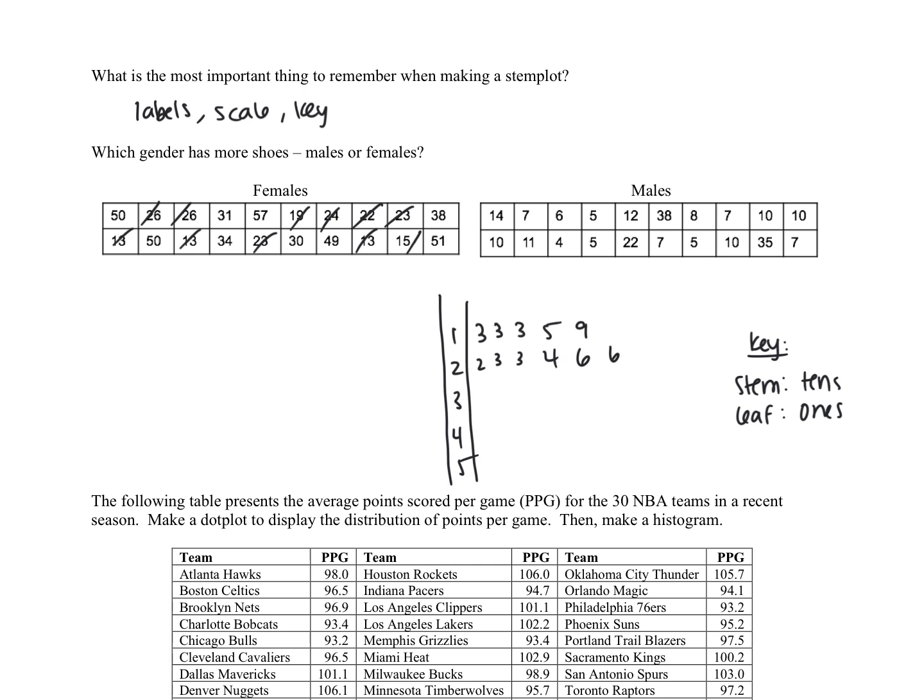Okay, so then looking in our 30s, we have 30, 31, 34, and 38. Okay, and then it looks like there's only one number in the 40s, and that's 49. And then in the 50s, we have 50, 50, 51, and 57.